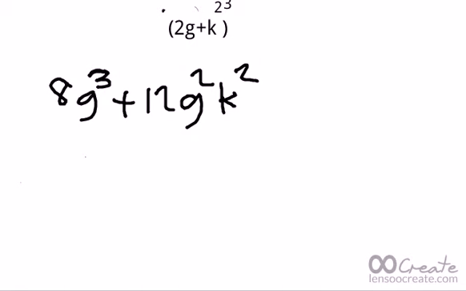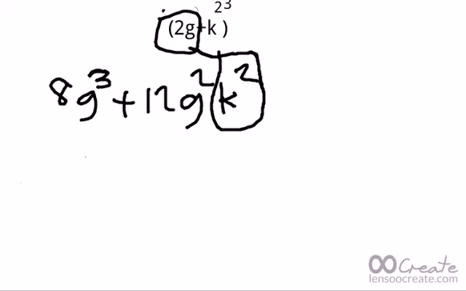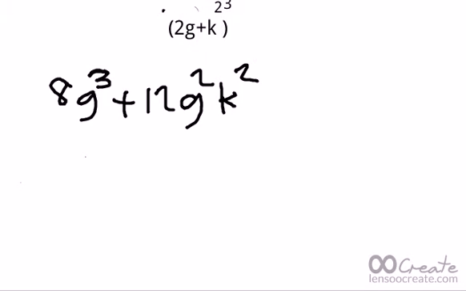So we square the first term, so the product is 4g squared, and then we multiply that by the second term. We multiply 4g squared by the second term, and we thrice that product, so it will be 12g squared k squared.